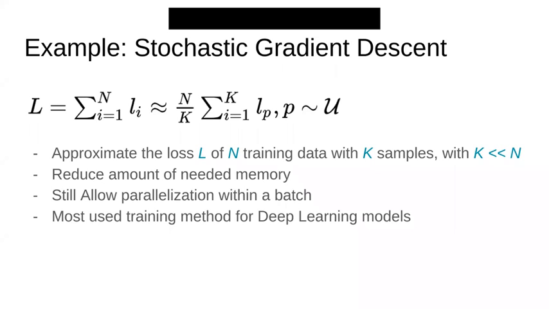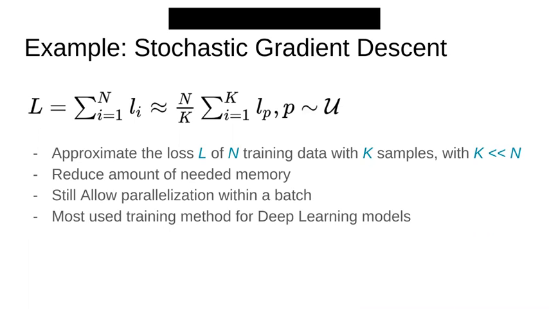And we can still use parallelization within the batch. And finally, stochastic gradient descent is used in most deep learning models. And without it, it would be very difficult to train a model.